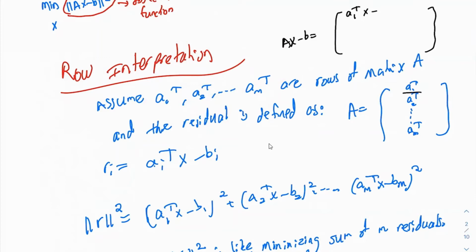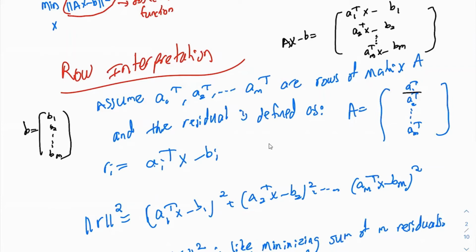This will give you the first entry, right? You have to subtract from it b1, the first entry of b. So this b is going to be b1, b2, all the way to bm, right? What's going to be the second one? The second one is going to be a2 transpose x minus b2, all the way to am transpose x minus bm, right?